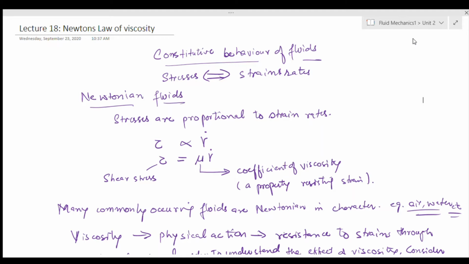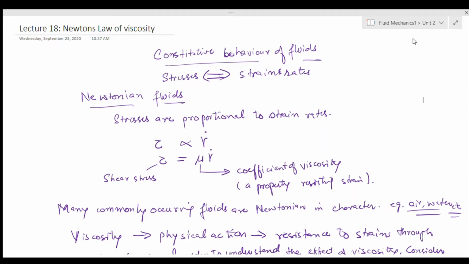The physical behavior which we are looking into would be the change in strains, and the specific condition in which the fluid is kept would be the condition of stress. So we want to see how stresses are related to strain rates.